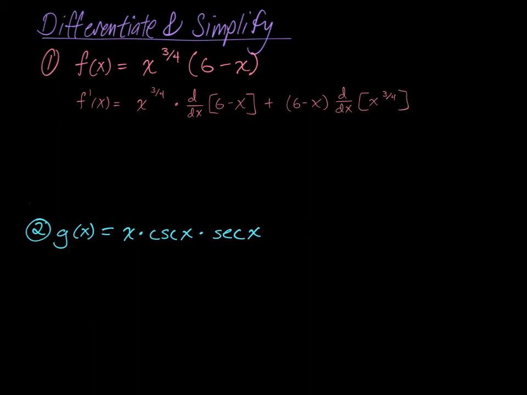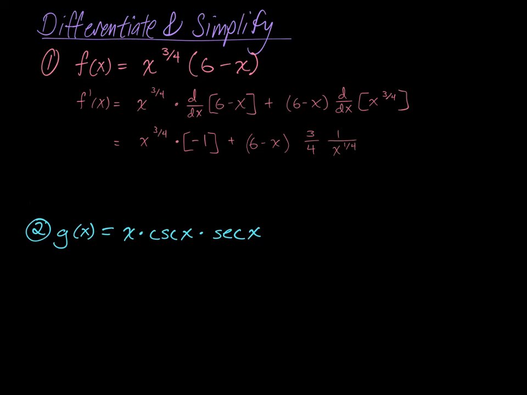Now all we have to do is take the derivatives of these two to get x to the 3/4 times -1, by the power rule in this part here, plus 6 minus x times 3/4 times 1 over x to the 1/4.